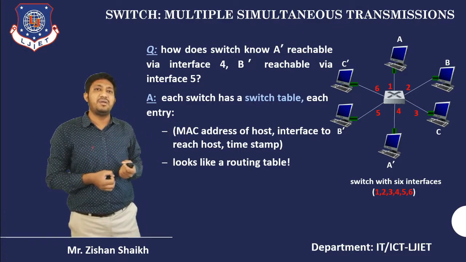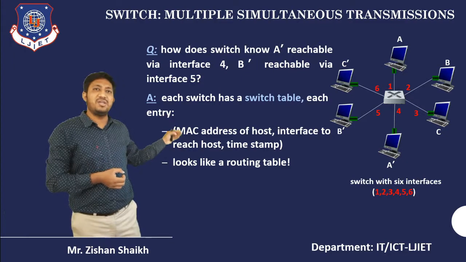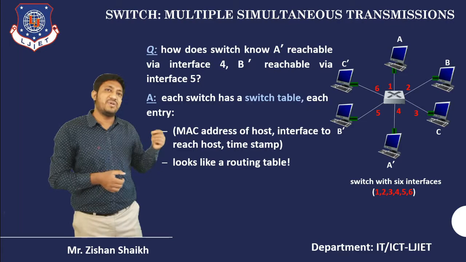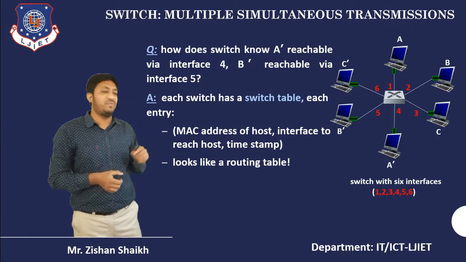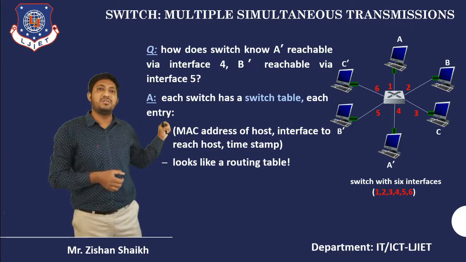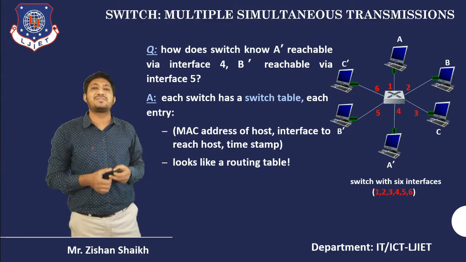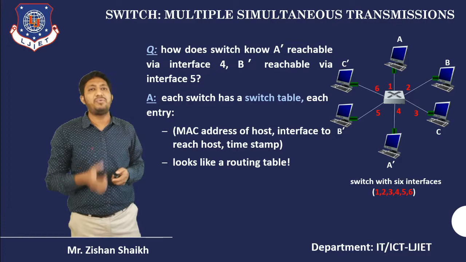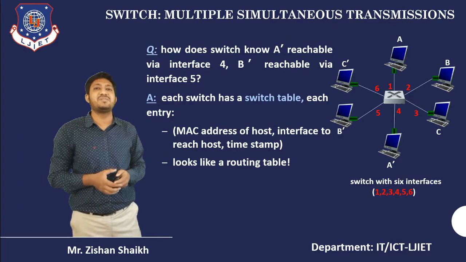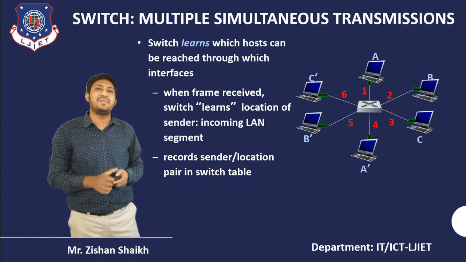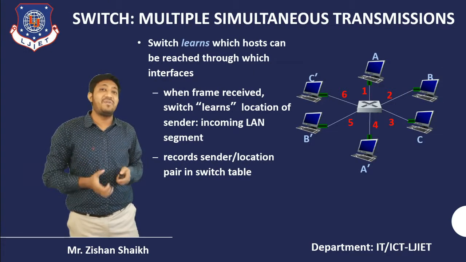Using that switch table, all the entries of the devices on the network are maintained. The first time a request comes in, the switching table is updated. The switching table is just like our routing table, which will be briefly discussed in the network layer. So we can say that our switch is a self-learner.